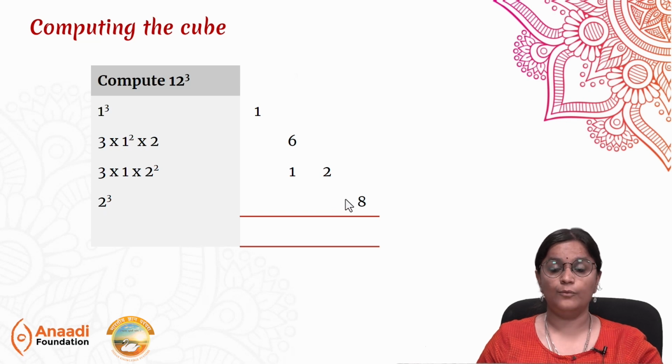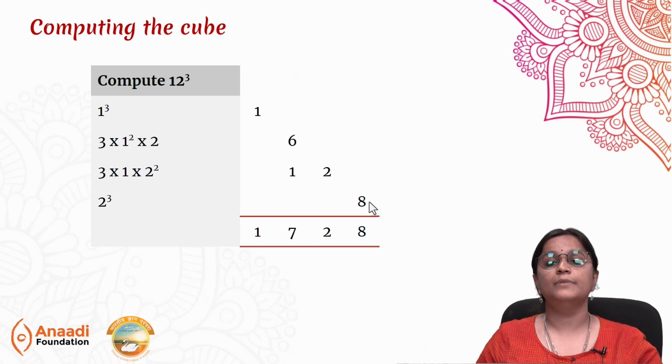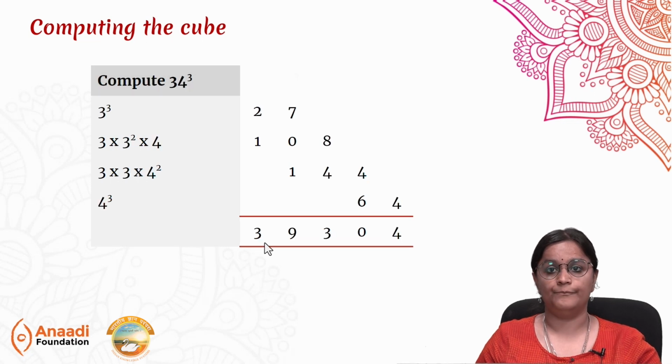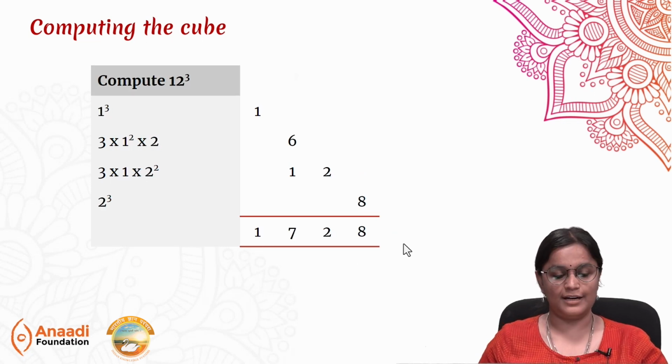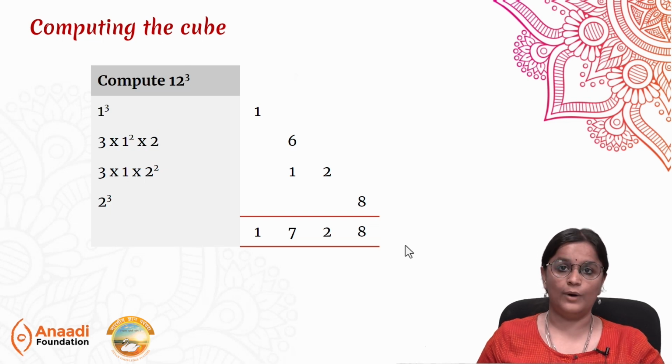We slide one place and place it. Now, to get our final answer, we must add each of these in their specific place. So, 8 gives us 8, 2 gives us 2, 6 plus 1 gives us 7 and 1 gives us 1. And that's it. Using this method, we have now gotten our answer. 12 cube is 1728, as you can see.